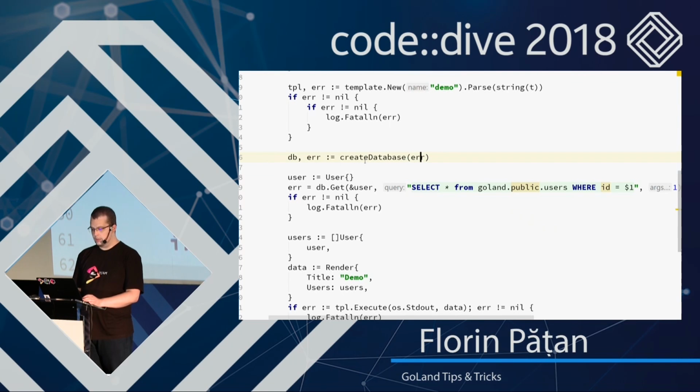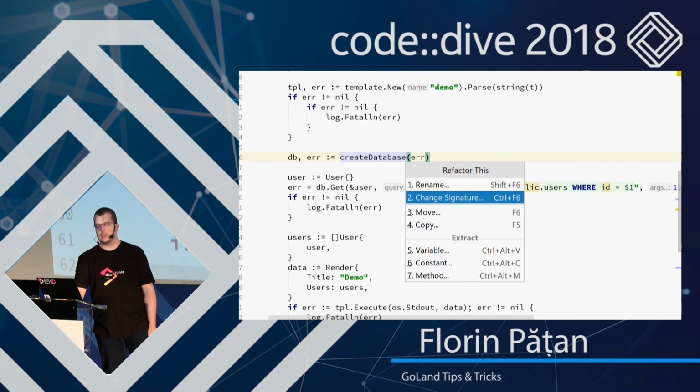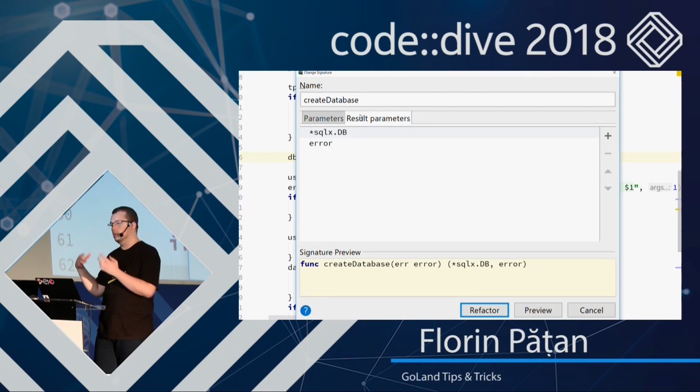Another thing that I can do here is, let's say, this one is passing the error variable, which is, well, not that nice, right? And if I delete this one, I'm going to get an error. Again, not that nice. So what I can do is invoke the refactor in this function again, and I can say change signature. So if I choose change signature here, I can see the current signature of the function with the parameters and the result parameters as well.